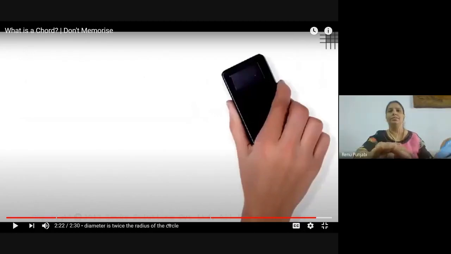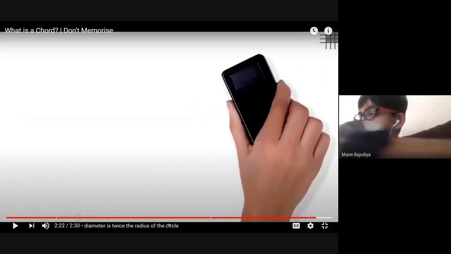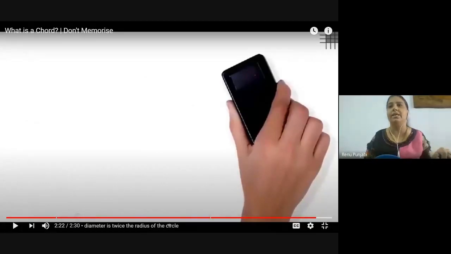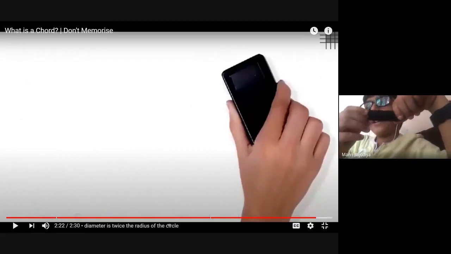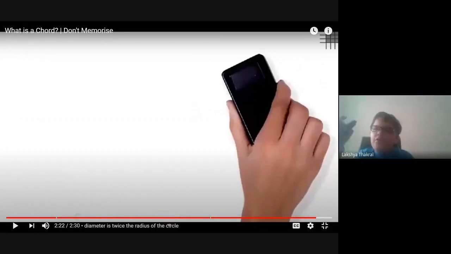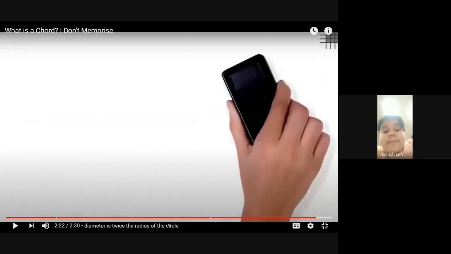Ma'am, what centimeter thread? No measurement. I didn't tell you how many centimeters of thread. You have to bring a roll of thread. Everyone ready? Can everyone please switch off their mics? Yes, ma'am, I have a blue roll of thread.